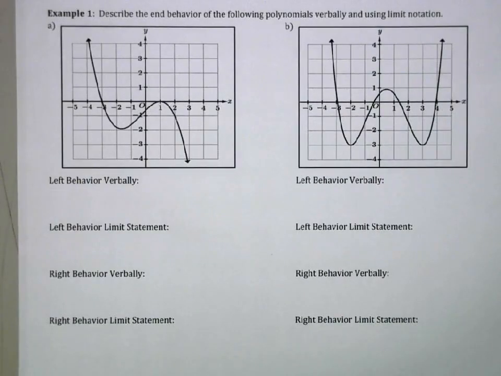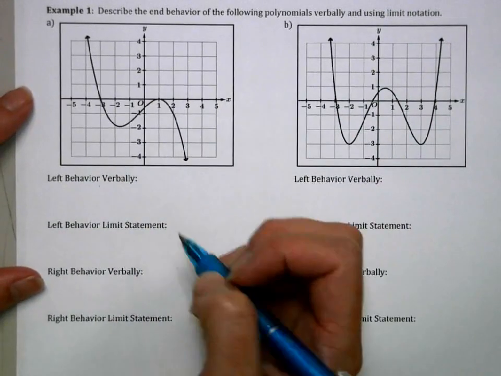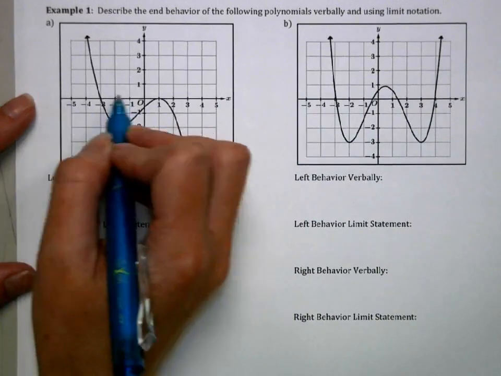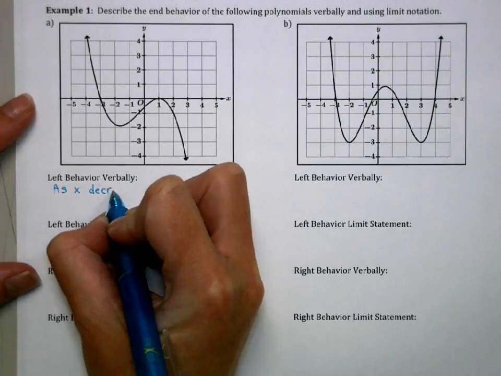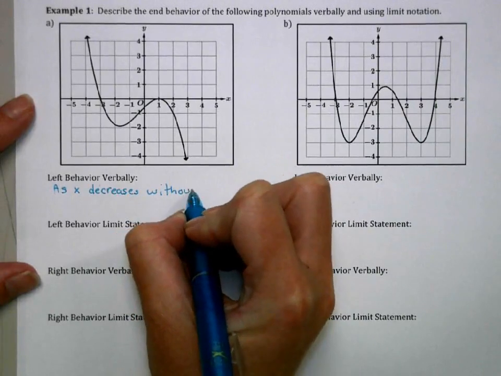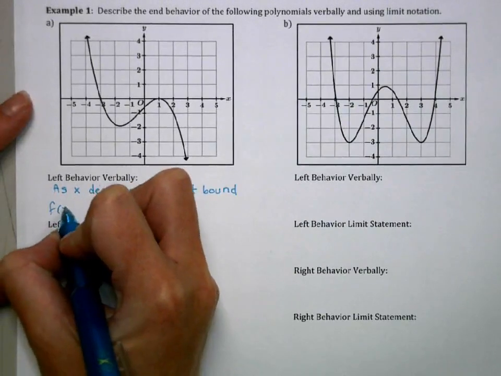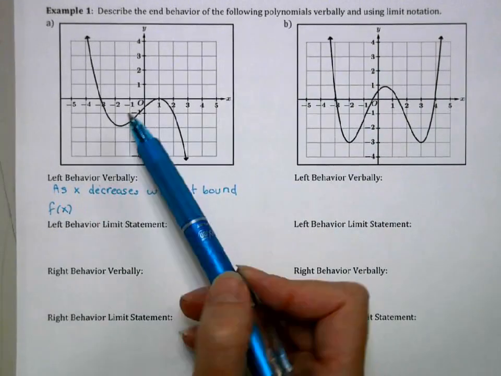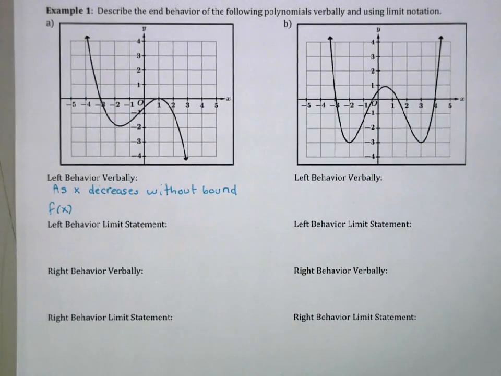So we're going to look at some graphs and we're going to describe what's happening at the left side and the right side. We're going to do this verbally and with that limit statement. So the left behavior verbally, as we're going this way, as x decreases without bound, f of x, or the y values, as we're going to negative infinity, the y values are going to keep getting bigger and bigger and bigger.